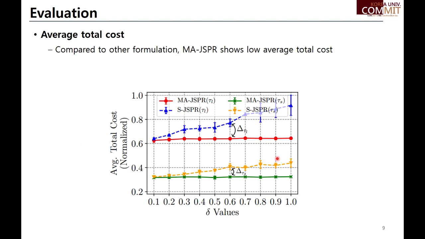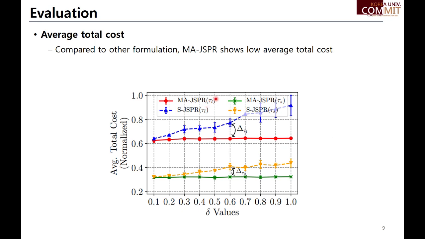Evaluation. The evaluation of the formulation is shown in the graph. The X axis is sigma values and the Y axis is normalized average total cost. Compared to other formulations like S-JSPR, MA-JSPR shows a low average total cost, as you see here. TL means long time, and TS means short time.